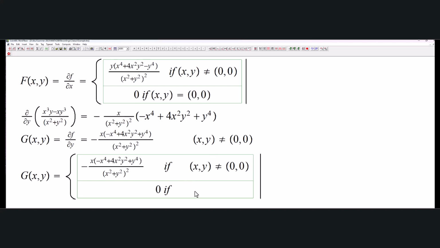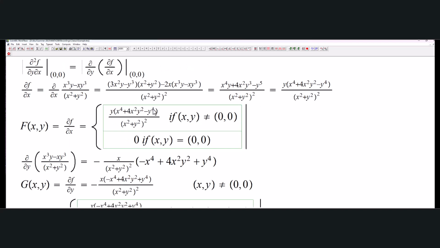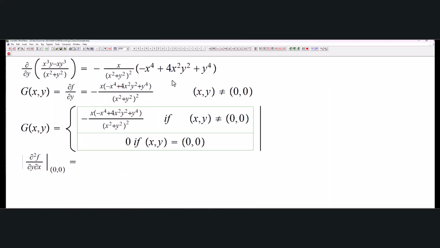So what you notice is that when you are looking at this second derivative, d2f dy dx, at 0, 0, that will amount to what? As we saw just a while ago, that's the same thing as this. This is what we are going to get.